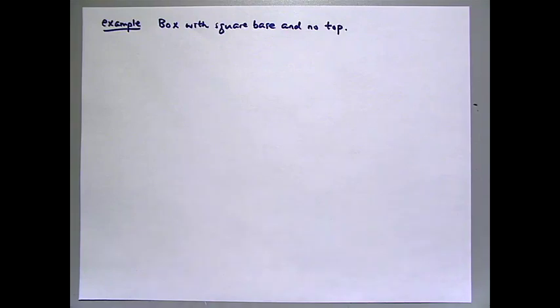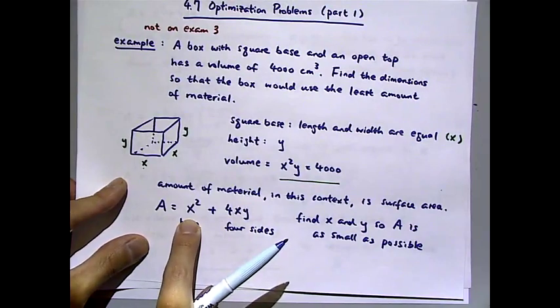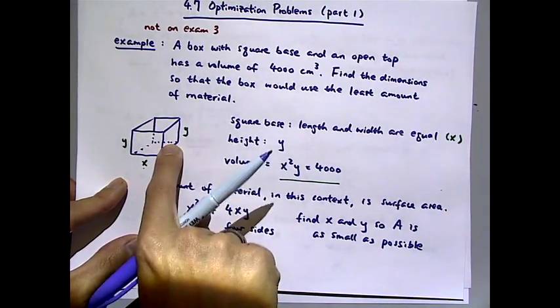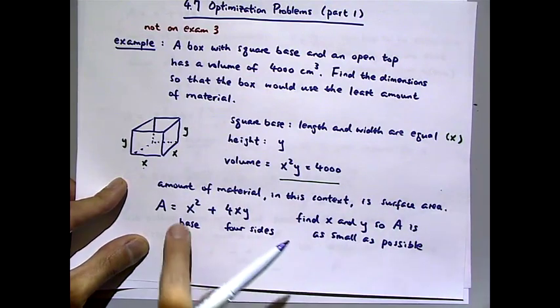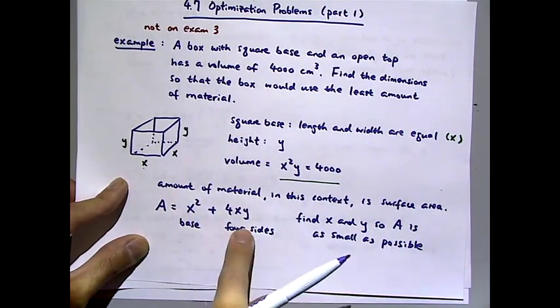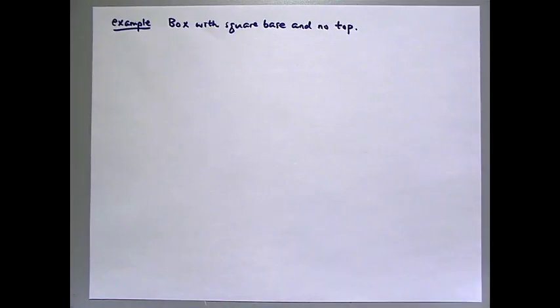By the way, in the last problem, what would change if the box had a top? The surface area. So this would be a 2, right? If the box had a top, then we have to account for the base and the top. Therefore, that would be 2x squared plus 4xy. But everything you would do is still the same. The A equation would change, and obviously the answer would change.